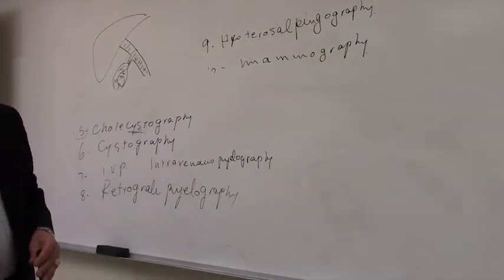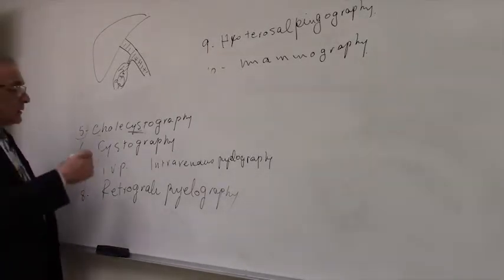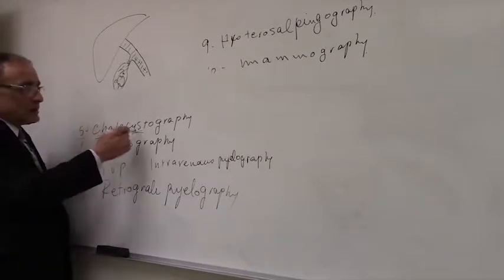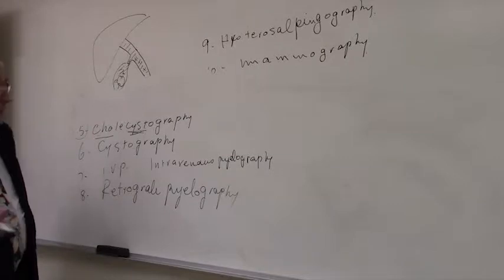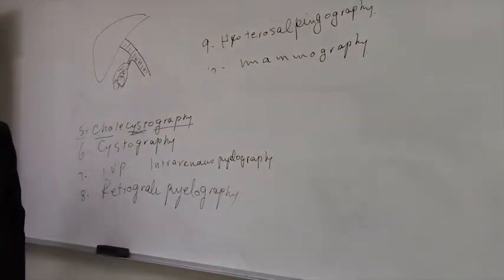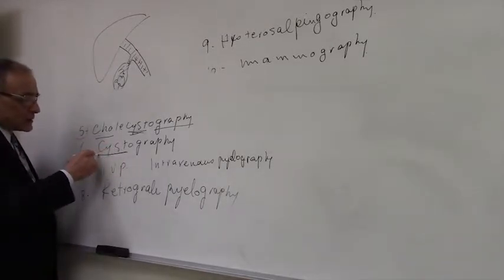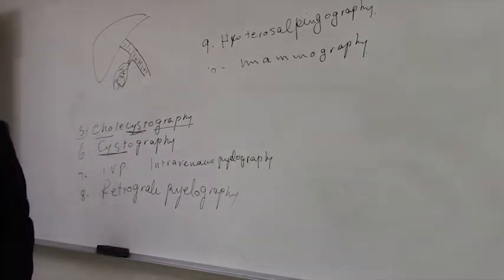I need you to compare these two procedures. Chole means what? Liver. Cysto means cyst, cavity or cyst, right? Graphy, to visualize. Very good. Oh my gosh, another cysto here. What is the difference between these two words?